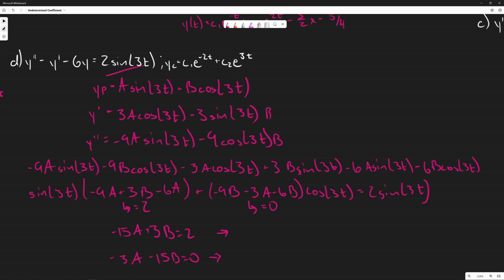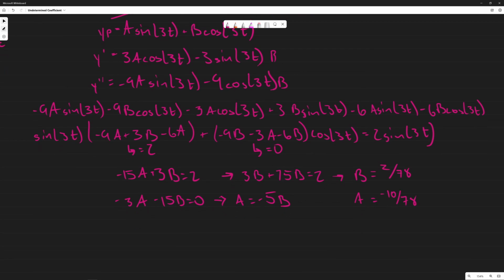Do a little bit of substitution, we get that a is equal to negative 5b, so this will be 3b plus 75b. So b is equal to 2 over 78. And then a will be 5 times that, so negative 10 over 78.